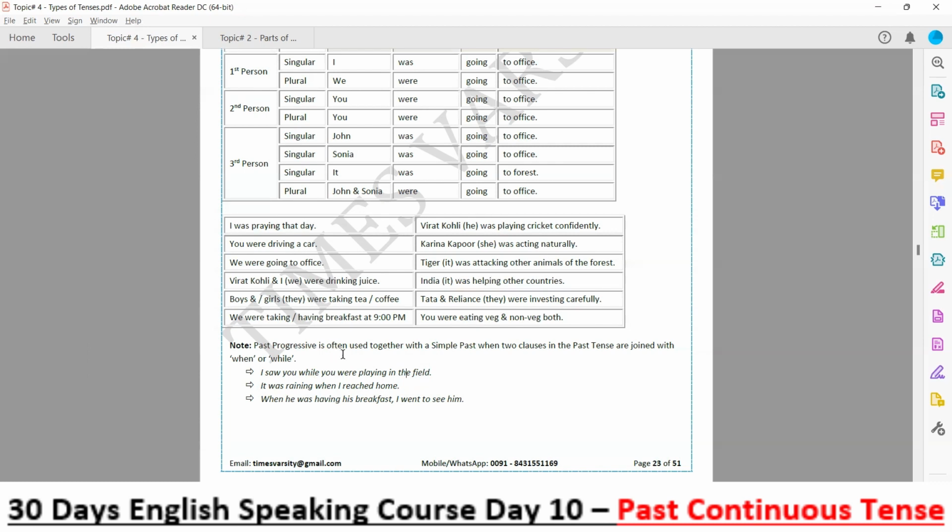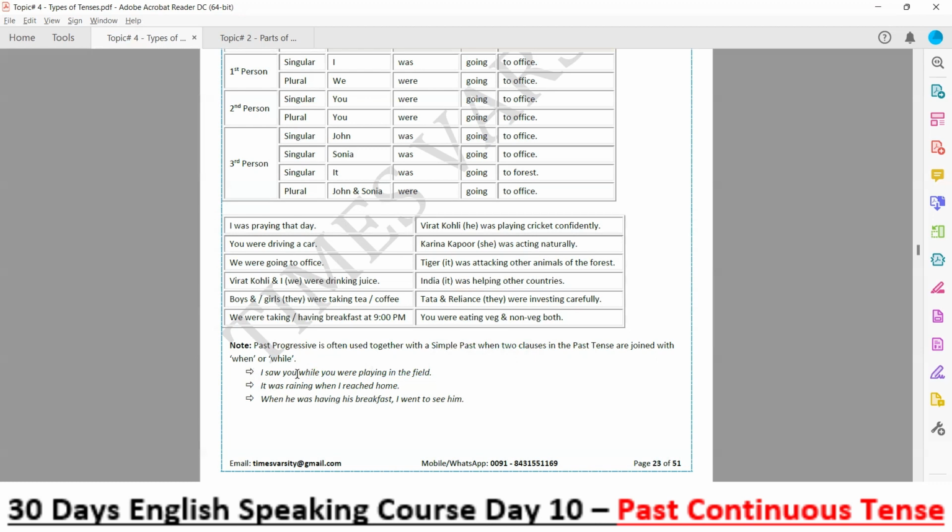So past progressive is used together with a simple past. So this is simple past: I saw you. Then two clauses in the past are joined with when or while. So here, this is past indefinite tense. Then here we have past continuous tense. To join these two, the words while or when are used.